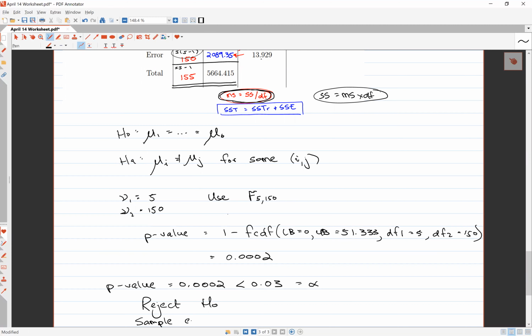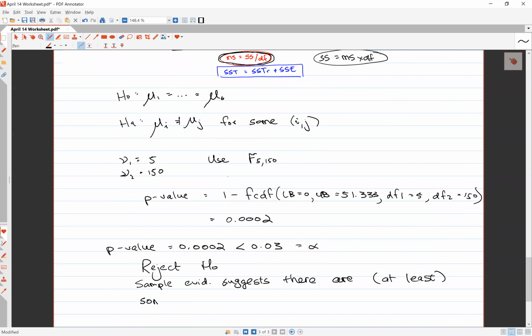So the sample evidence suggests there are at least some treatment groups that differ from other treatment groups on average. But we will have to dig a little deeper to figure out where those differences are.